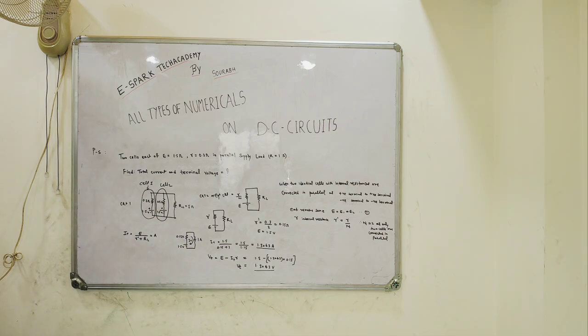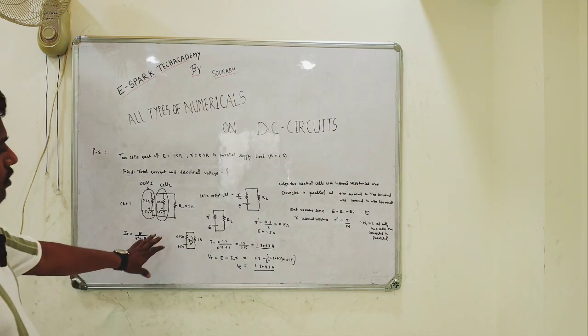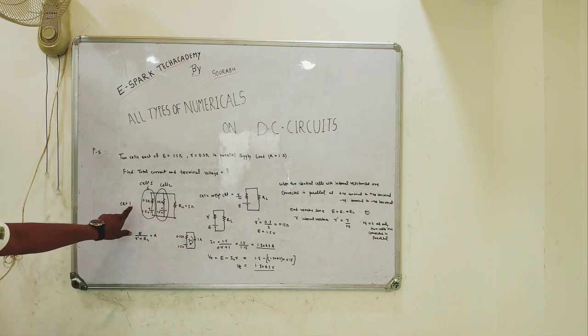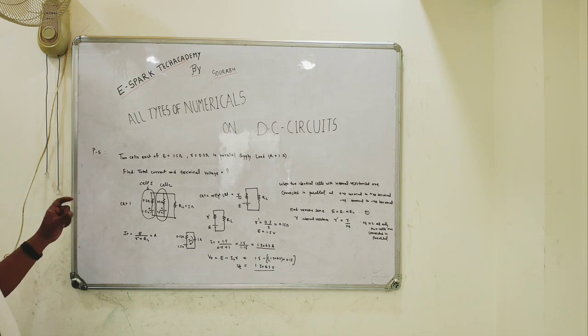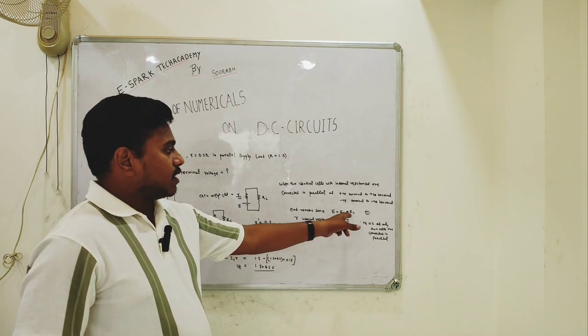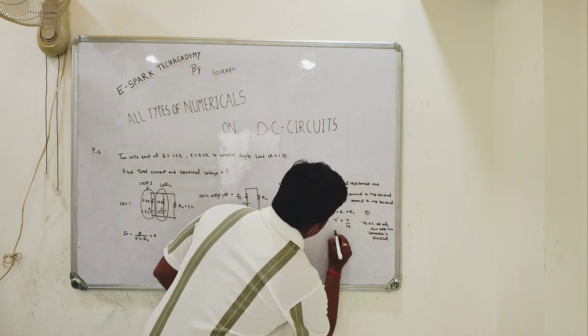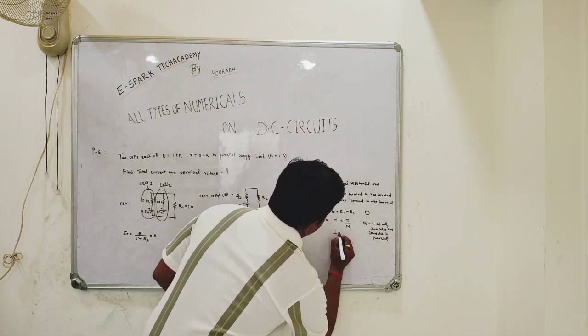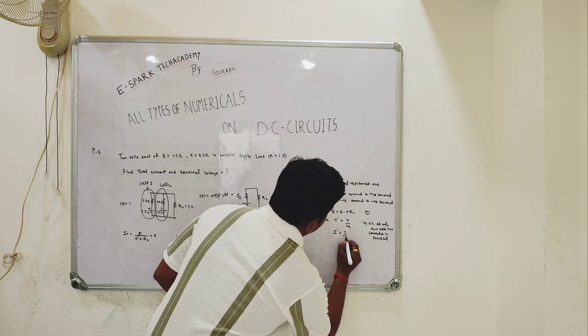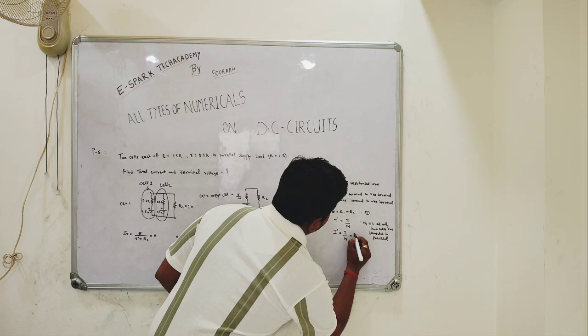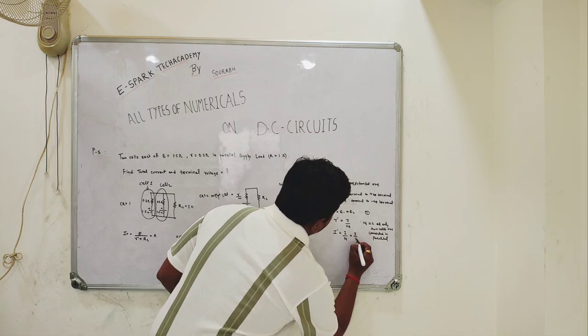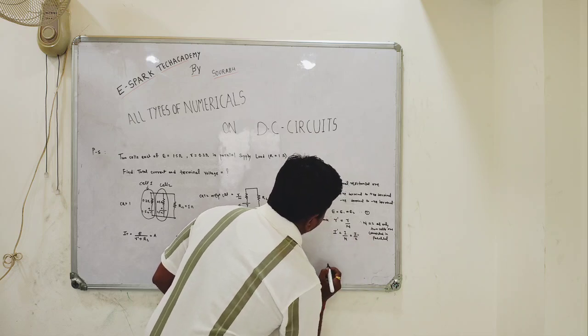Again one concept I want to tell you. When this kind of circuit is formed, you can say the two cells are connected in parallel. That's why even if its EMF remains the same, its current will be divided. Actually, the current I dash will be I divided by N. Here it will be I divided by 2, meaning I total divided by 2.